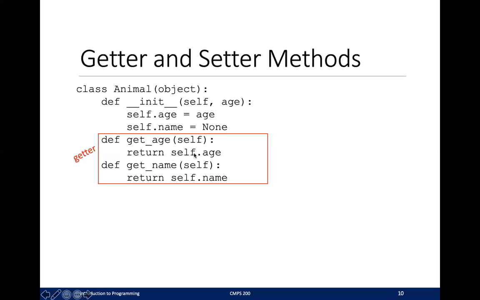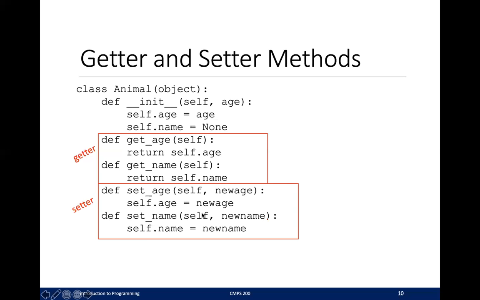So all they do is return self.age and return self.name. So I'm returning the values of the attribute for every instance using these getter methods. Why? This abstracts things and hides information. So if I change the name here, all I have to change is this method. From outside, the usage is exactly the same.